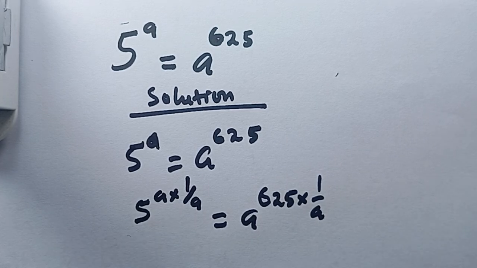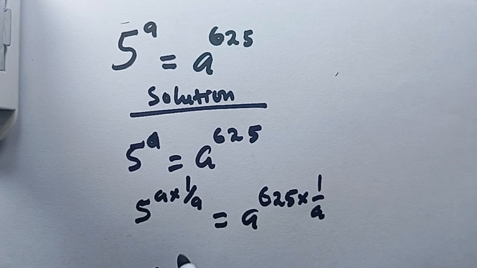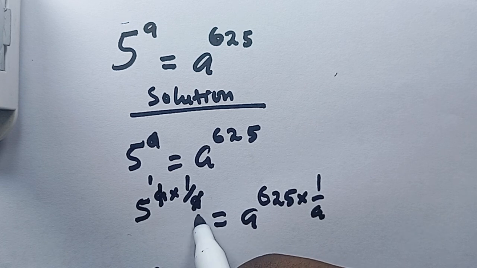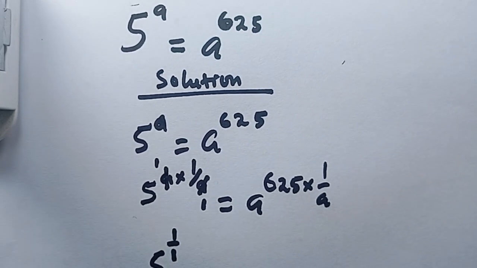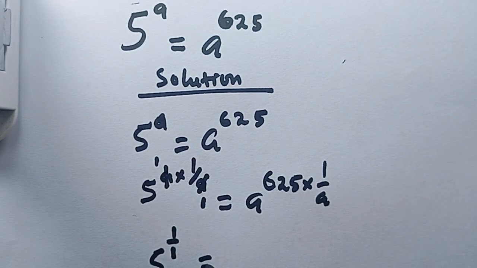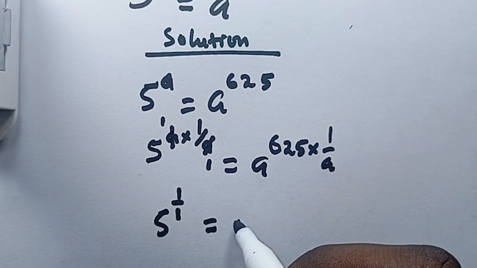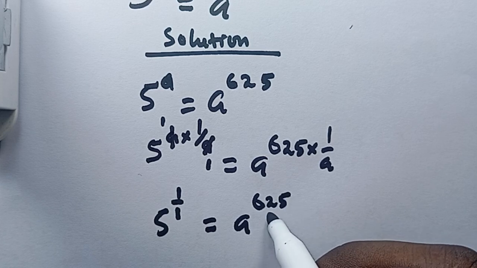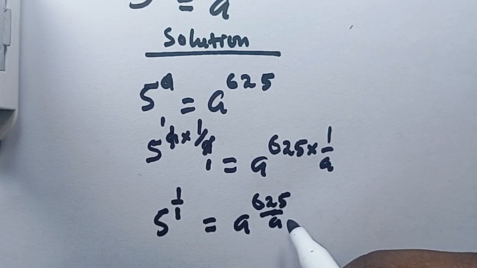Okay, so at this point I'm going to be having 5 power a divided by itself, 1, and a divided by a is 1. So let me just write this as 1 over 1. Then this will be equal to a power 625 divided by a.